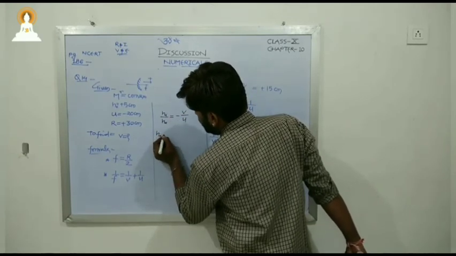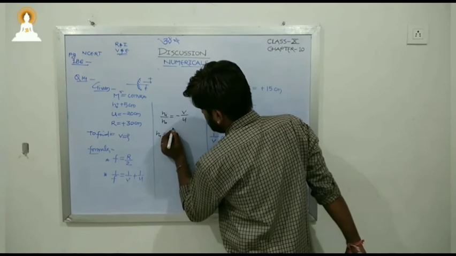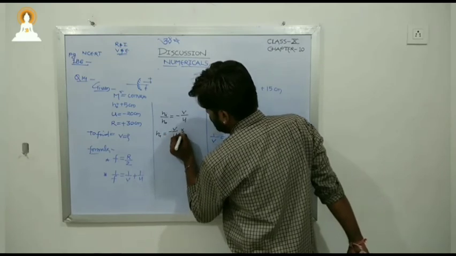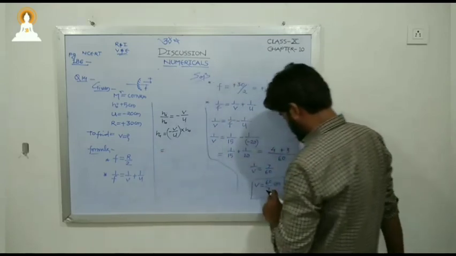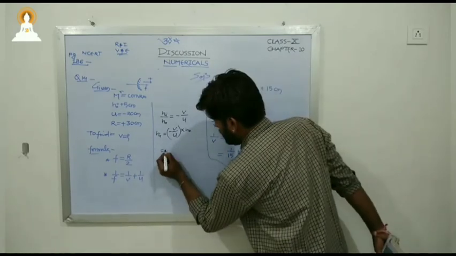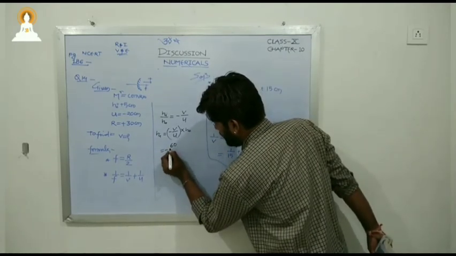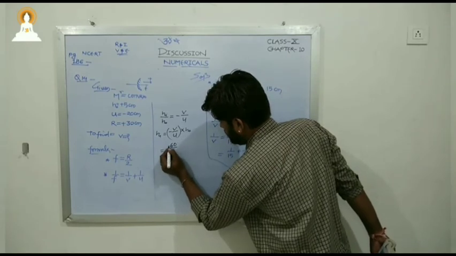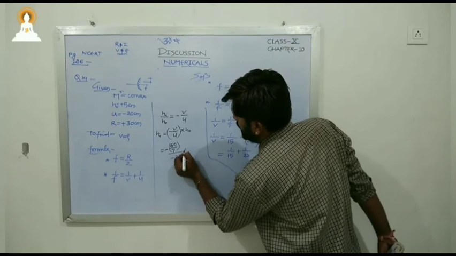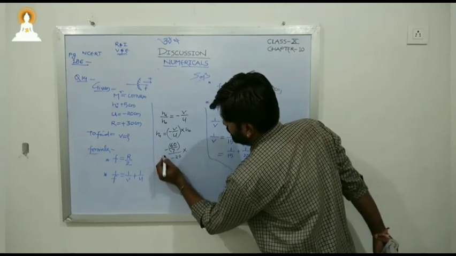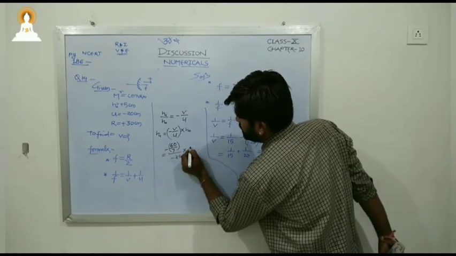Height of image we need to find out, so that will be minus times v by u into height of object, minus times 60 by 7 upon u is minus 20, into height of object is 5.